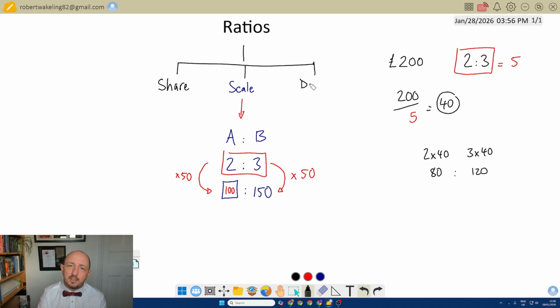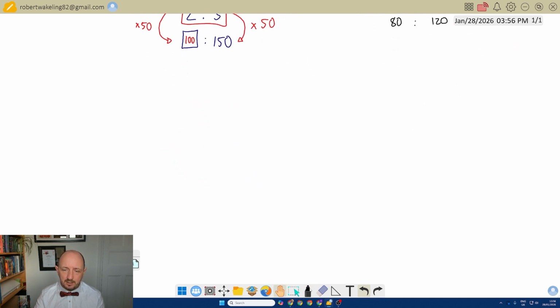And then the last type, which is kind of getting more and more common these days, is a kind of double ratio question. And what that looks like is something like this. You might have houses to bungalows are in the ratio of 3 to 7. Bungalows to flats are in a ratio of 5 to 9.